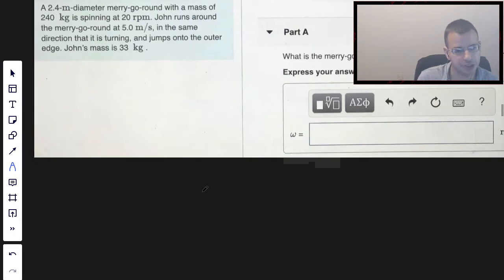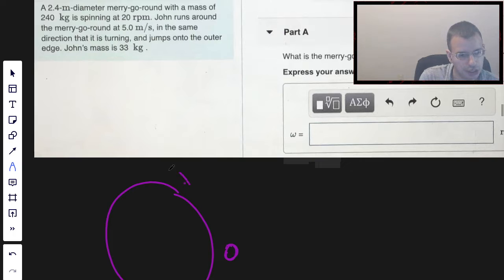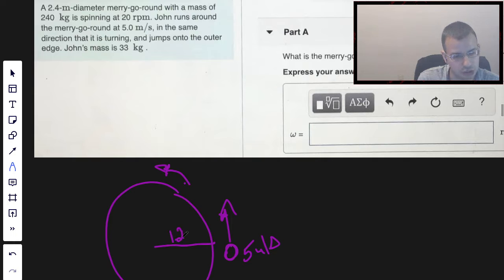Okay, so I'm going to start by drawing a picture. Merry-go-round, John. The merry-go-round is spinning this way, and John is running this way at 5 meters per second. The radius is going to be 1.2 meters, because they give us specifically a diameter.